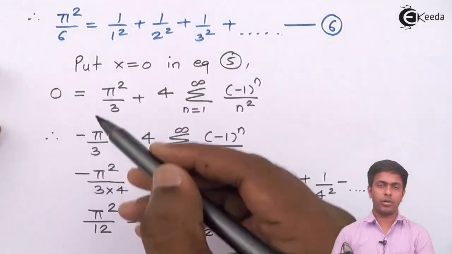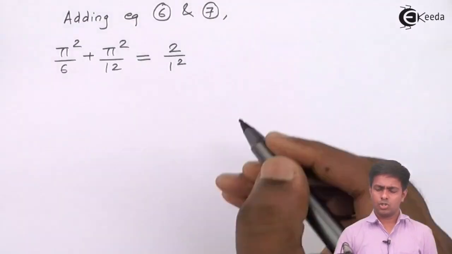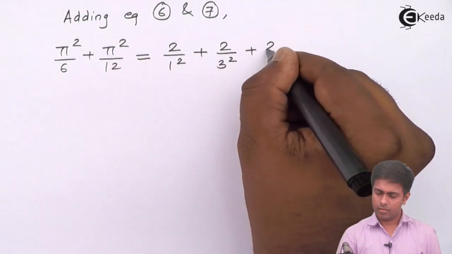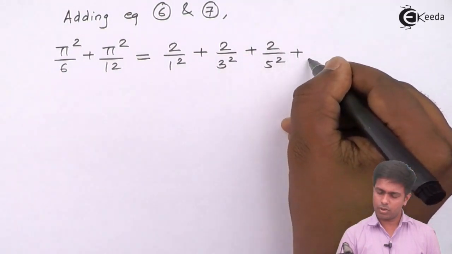This negative positive term cancel, again this is 2 times, so I'll get all odd terms 2 times. So 2 upon 5 square and so on.